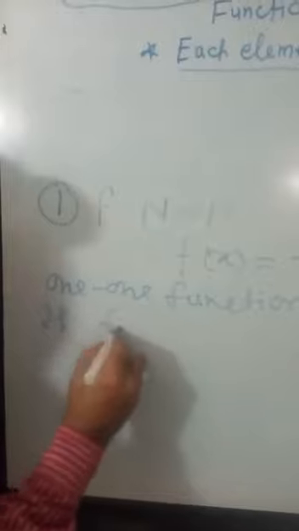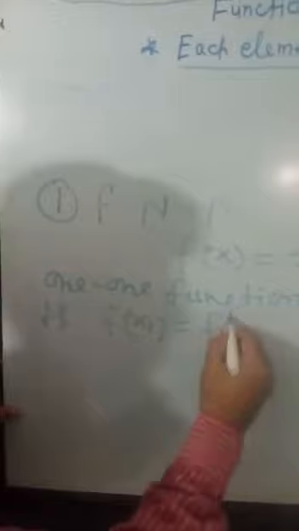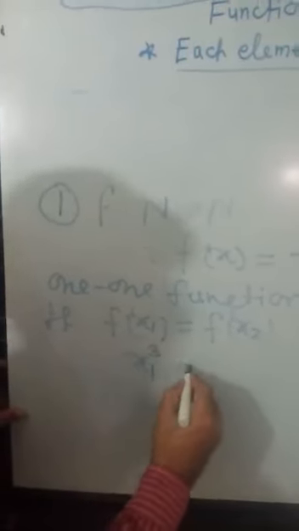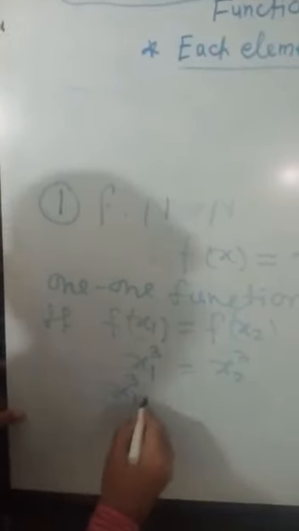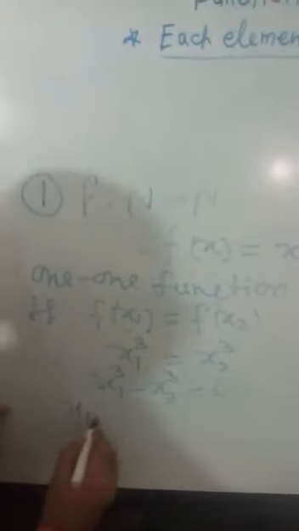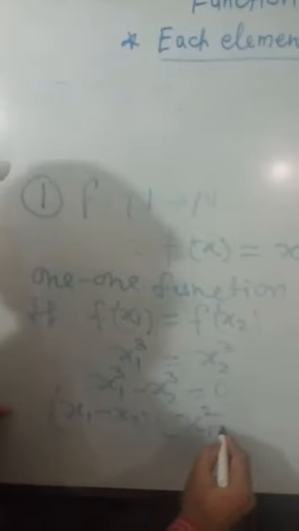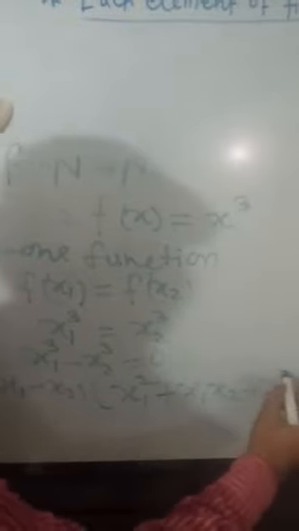If f(x1) equal to f(x2), that means x1 cube equal to x2 cube. x1 cube minus x2 cube equal to 0. (x1 minus x2)(x1 square plus x1 x2 plus x2 square) equal to 0.